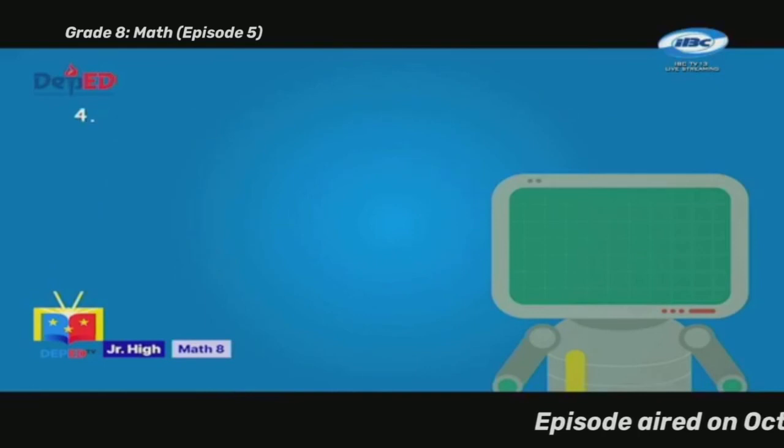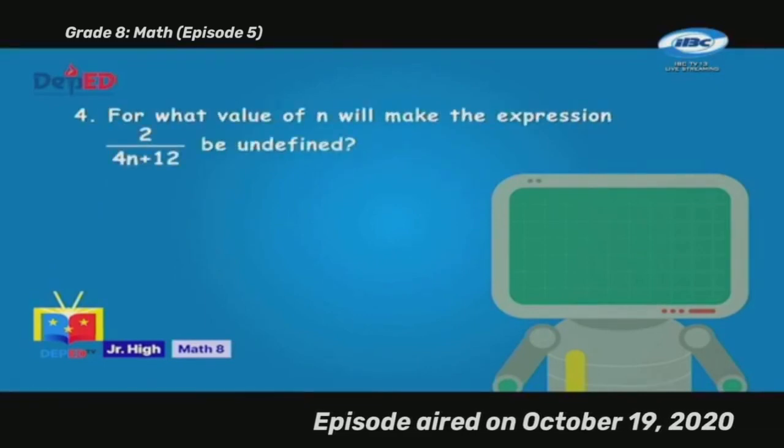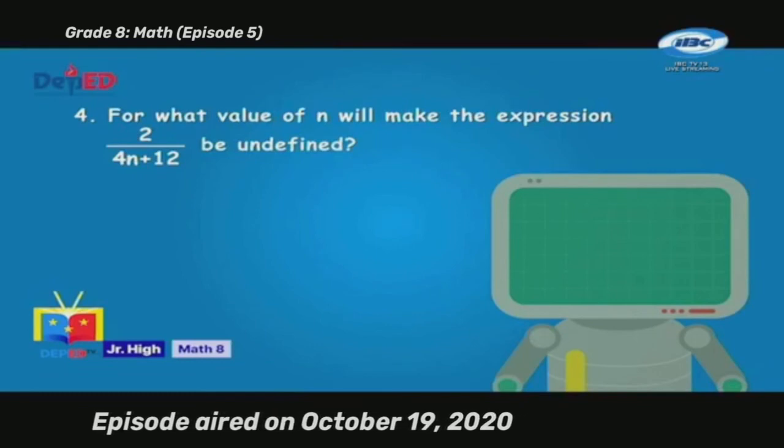Number 4. For what values of n will make the expression 2 over 4n plus 12 be undefined?